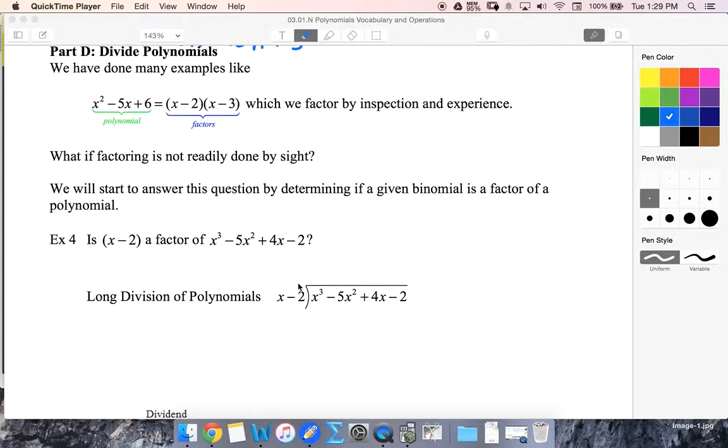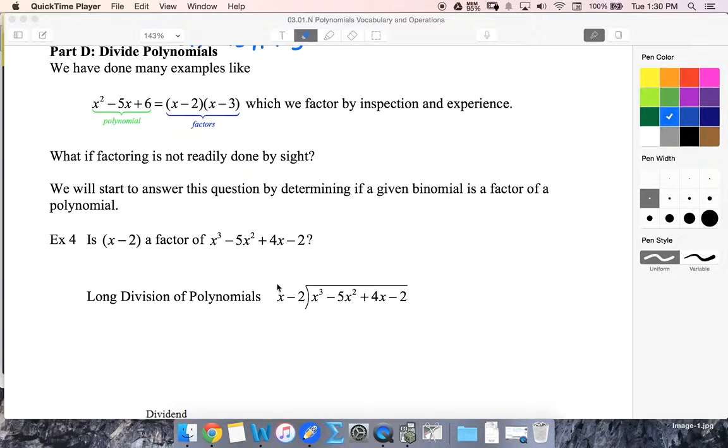So we set it up with our division bar here, and we put the bigger polynomial, the one that's being divided, inside, and then we put the one that we want to divide by on the outside. And in the end, this quantity, the divisor, times the quotient, if it divides evenly, I'm going to have no remainder, and this times this should make this in the end.